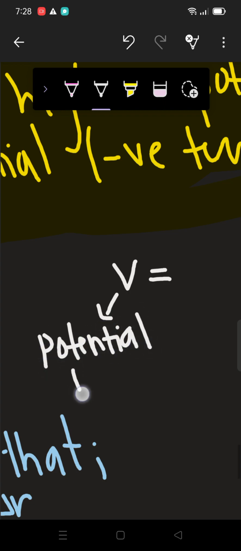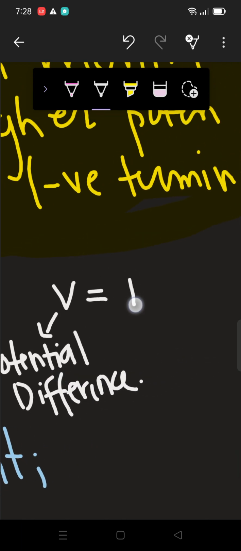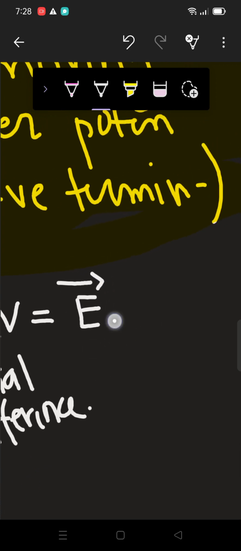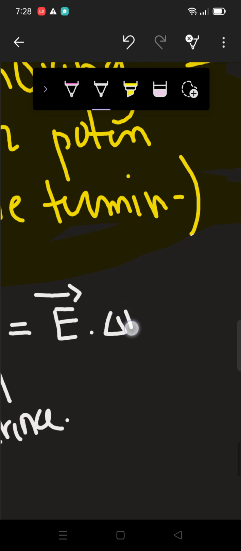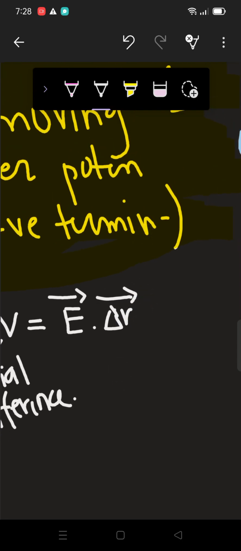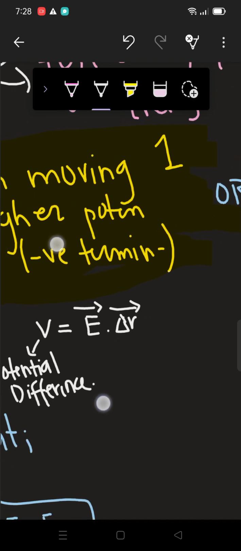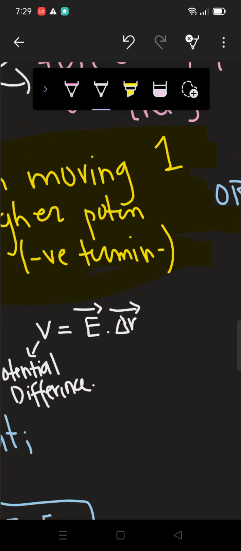Potential difference is equal to the dot product of electric field intensity and del R, which is used for the displacement. We know that displacement is a vector quantity too, and it is a dot product, which means when we multiply these two vector quantities, we get a scalar quantity.